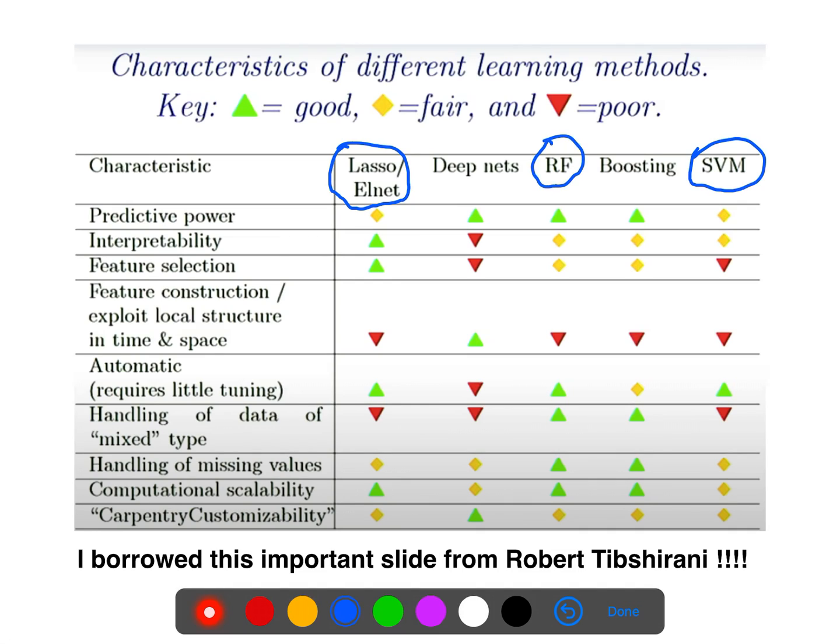As you see, lasso and elastic net have very good interpretability and feature selection, and it is an automatic process.